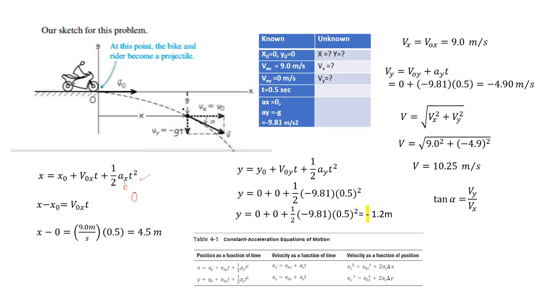Now I want not only the x, I need to figure out the y part. This is my equation, but now I know one thing, this is 0. So that makes our life easier. You are starting here, this is 0, 0, therefore y naught is 0. This is 0, half ay t squared. For acceleration I look at my coordinate system.